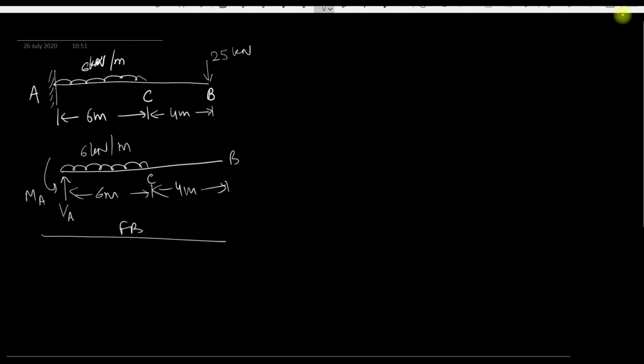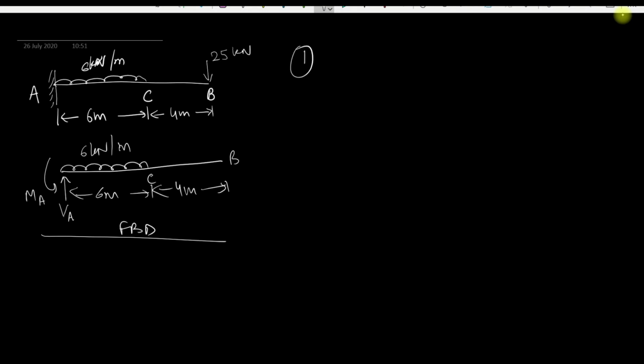This is the free body diagram. So the first equation is, of course, sum of all vertical forces is equal to 0. Let us take the upward forces as positive and downward forces as negative as a sign convention. So the upward force is VA and the downward force is the UDL.